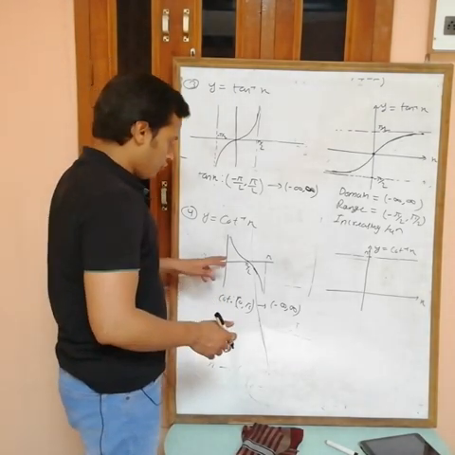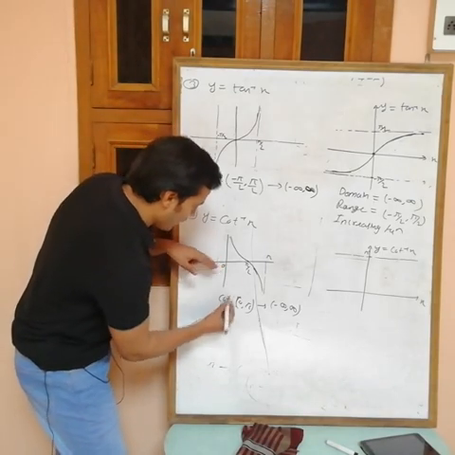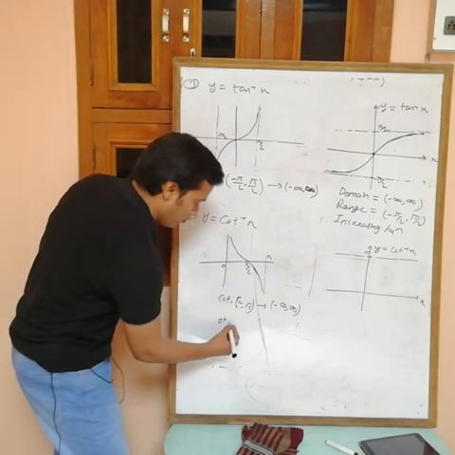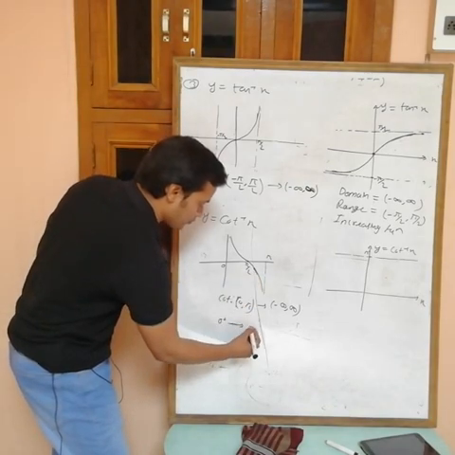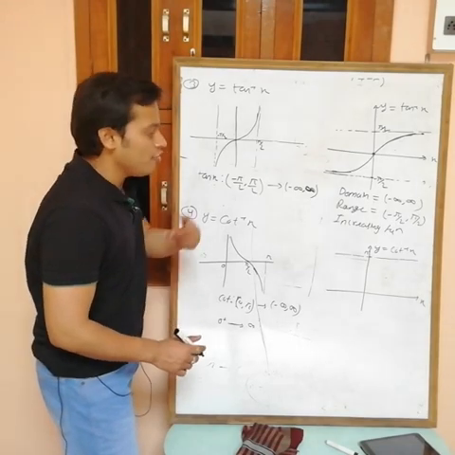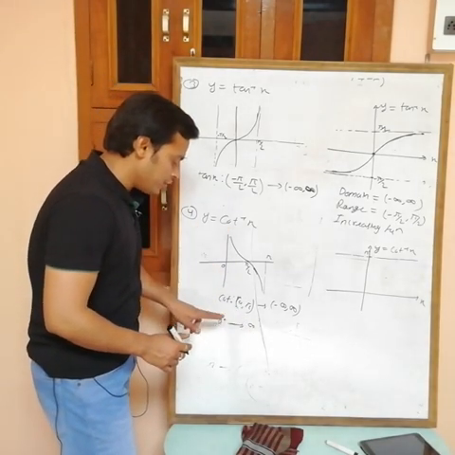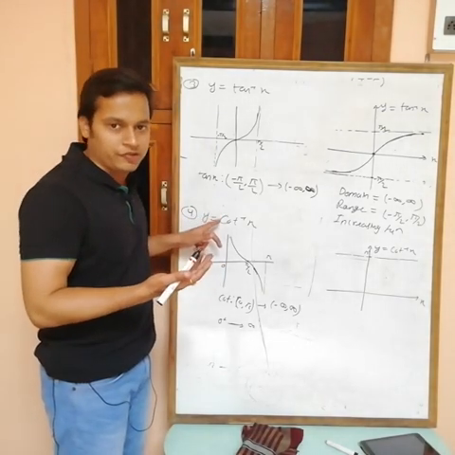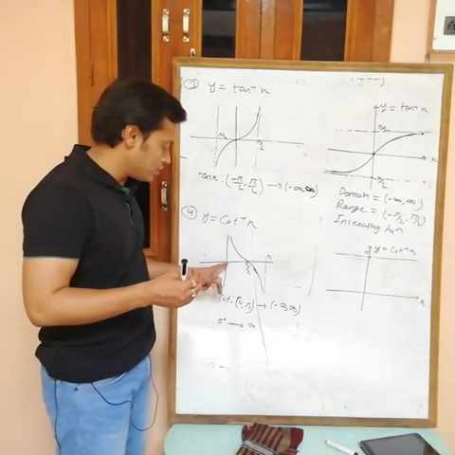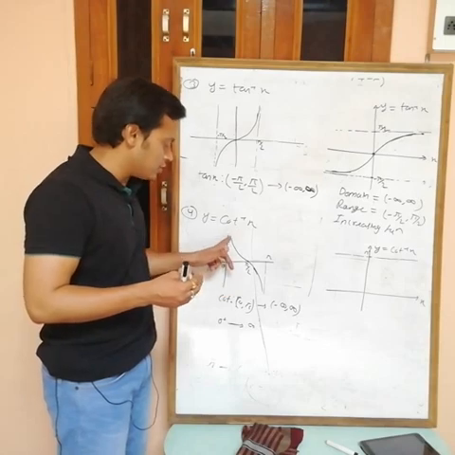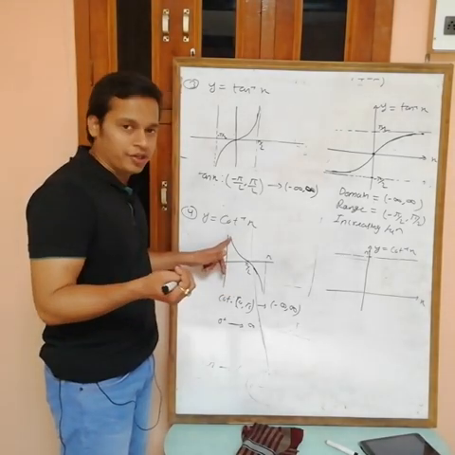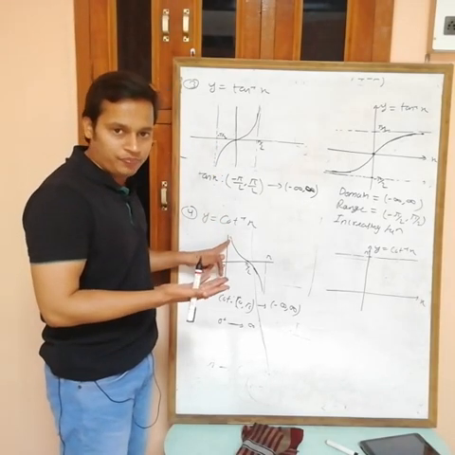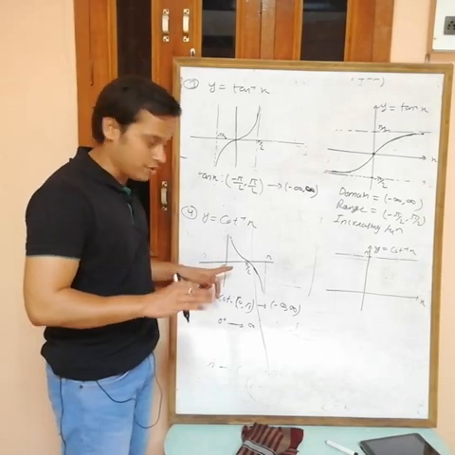Now in case of cot, the value at 0 plus, just greater than 0, is plus infinity. So the value of cot inverse at plus infinity is 0 plus. Actually infinity can't be indicated on a board, so I am just taking it as an example, for indication.